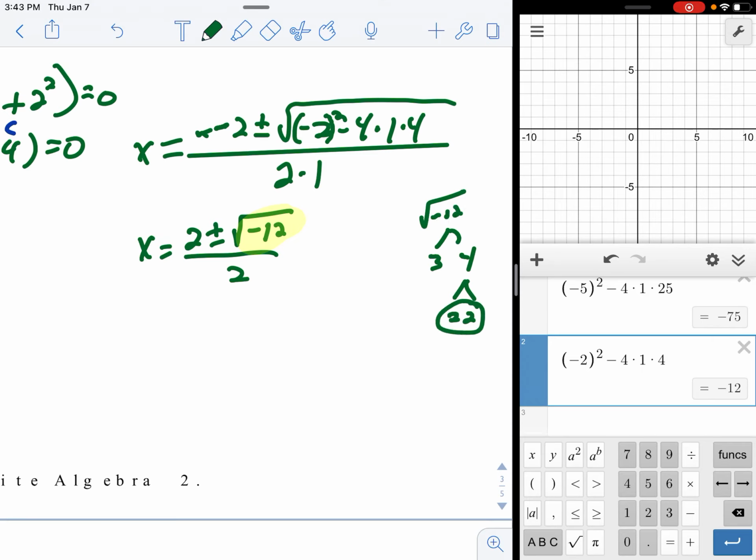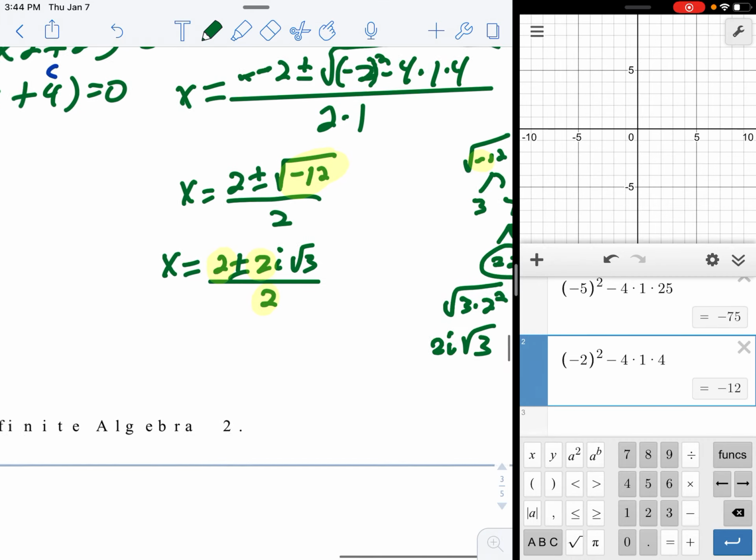I've got a pair of 2s there, square root of 3 times 2 squared. I can simplify out the 2 radical 3, and again, because I was square rooting a negative, that means I do have to have an i in there. So this becomes 2 plus or minus 2i radical 3 all over 2. Now this answer is a little special because every term is divisible by 2.